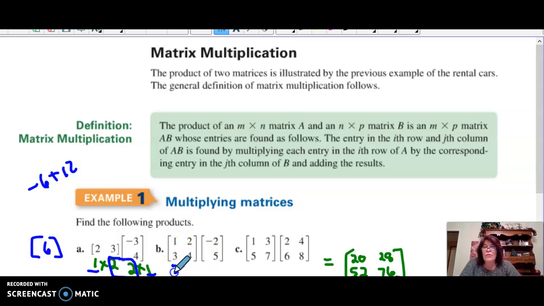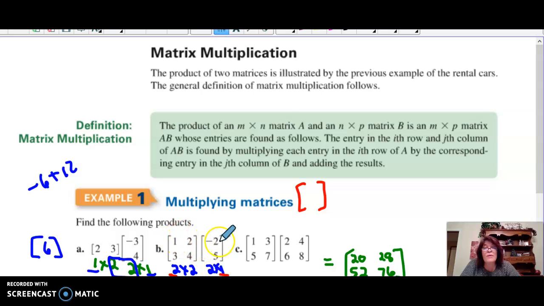Okay, this is a 2 by 2 times a 2 by 1. Since the middles are equal, I can multiply them, and the answer will be a 2 by 1. So the answer to B, I'll put up here, you can check your answer. I'm going to multiply this row by this column.